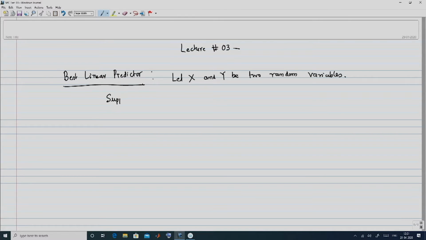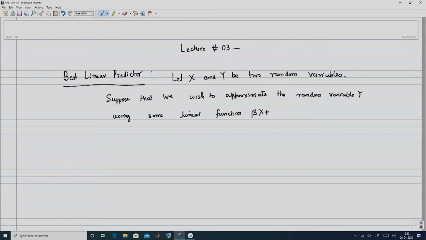Suppose that we wish to approximate the random variable y using some linear function beta x plus alpha of the random variable x.